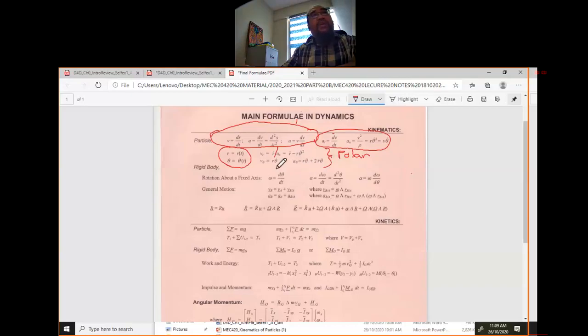So this is the formula. You can use this one straight away. The one above, you are already familiar with. A linear movement. And this is again what?